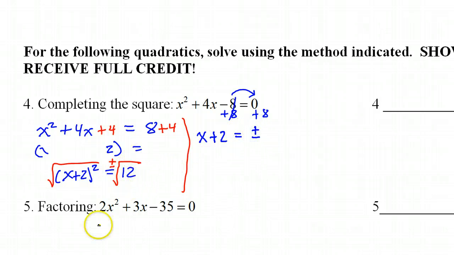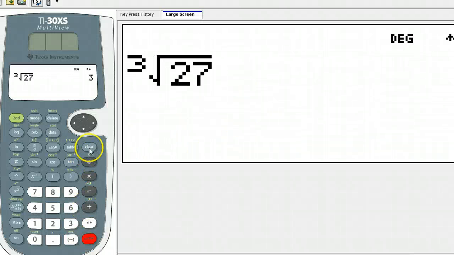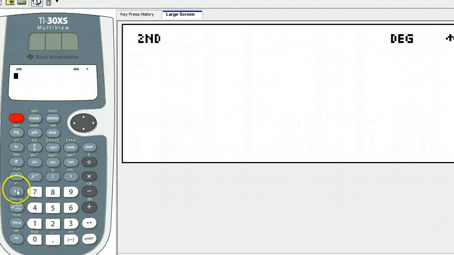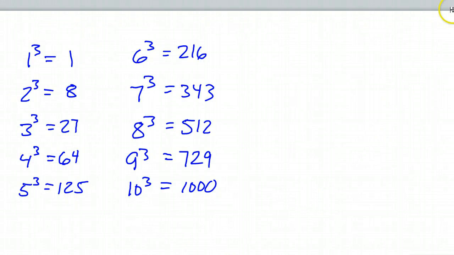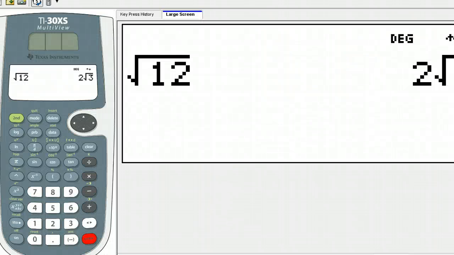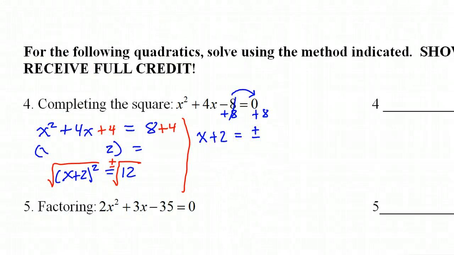Now the square root of 12 is going to be 2 root 3. Okay, but this is what you might see, alright, 2 root 3. Okay, so instead of plus or minus radical 12, we have plus or minus 2 root 3.